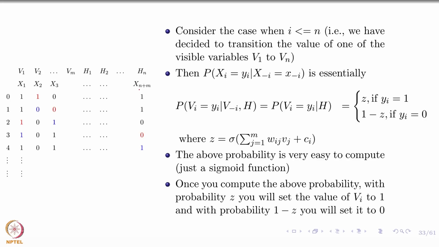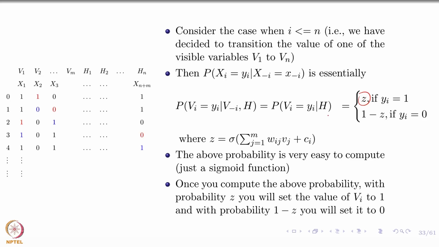How do I do this in practice? I computed the sigmoid. Suppose it gave me the value 0.2. That means z was 0.2, so I need to set the value to 1 with probability 0.2 and to 0 with probability 0.8. How will I do this?